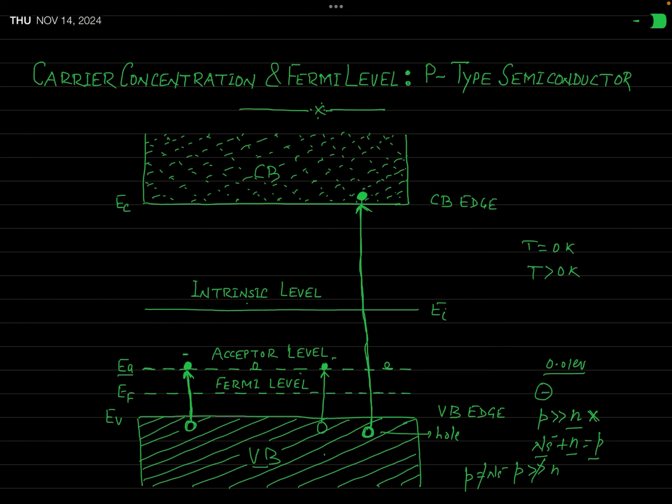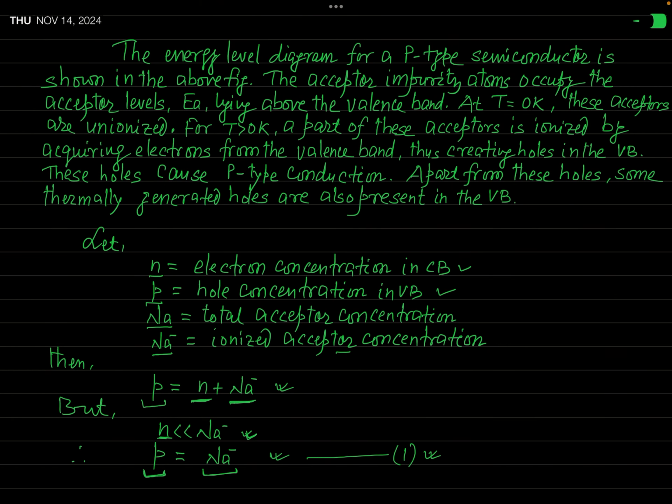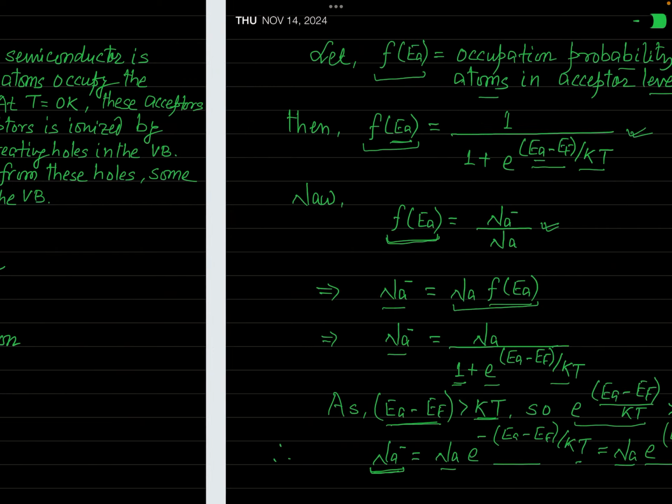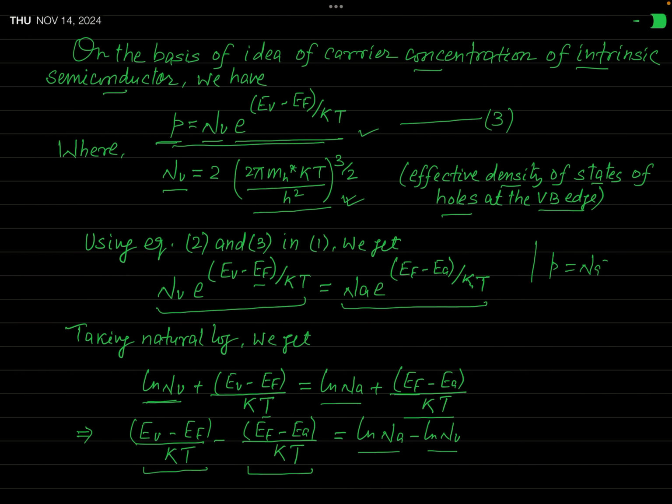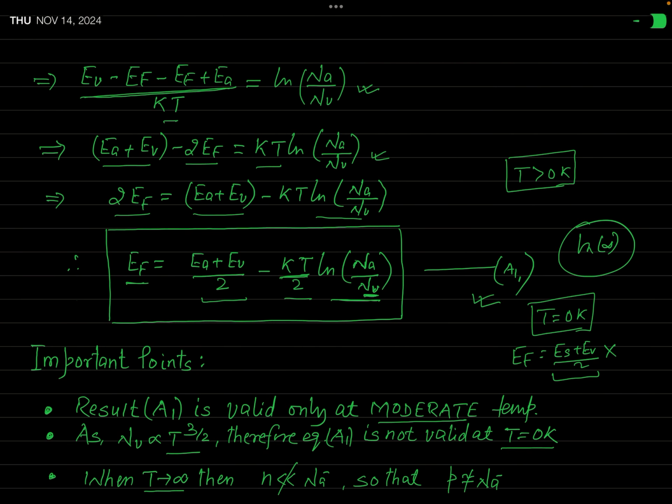You can't write it, but the result which we have obtained is based on this assumption. But at very large temperature, you have seen that this assumption is not valid. So if this condition is not valid, then this result will also not be valid, because this result has been obtained on the basis of this idea.